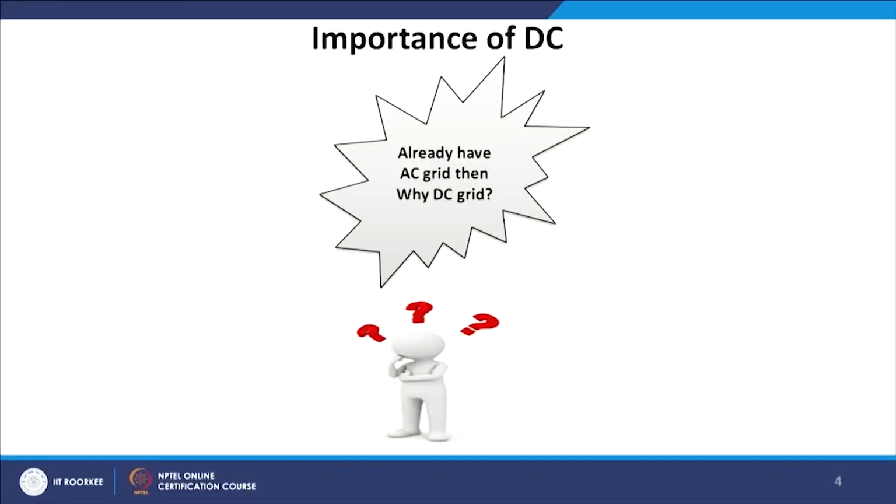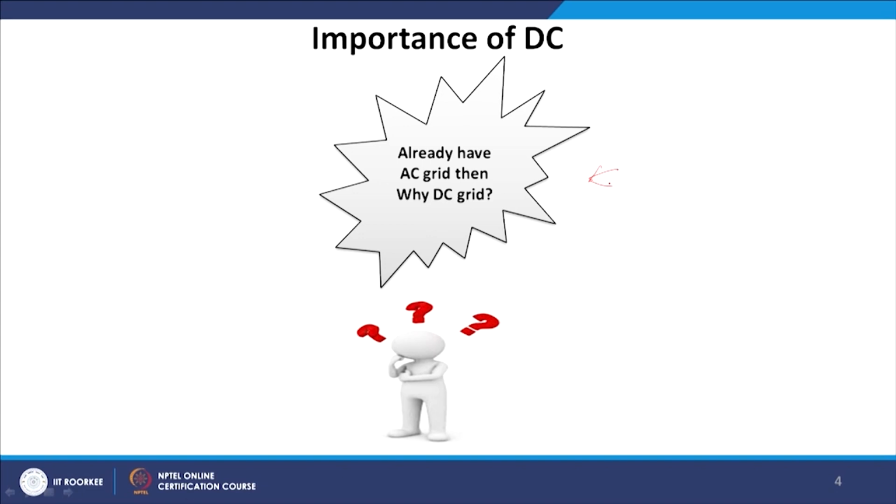Now, this comes to my mind all the time: why, when we already have an AC system in place, do we go for DC technology? The question to all of you before we proceed: why do we move to DC grid technology?